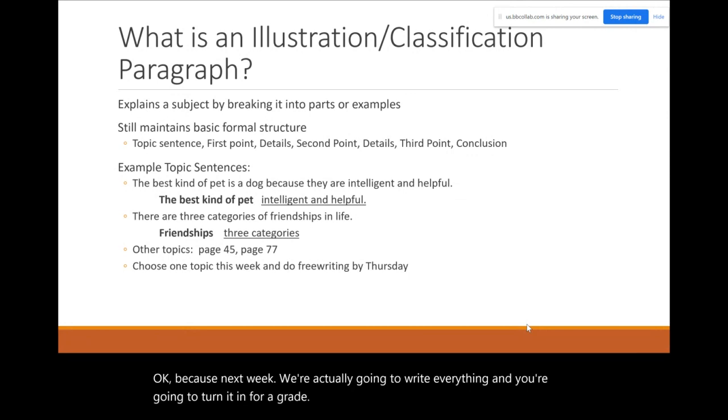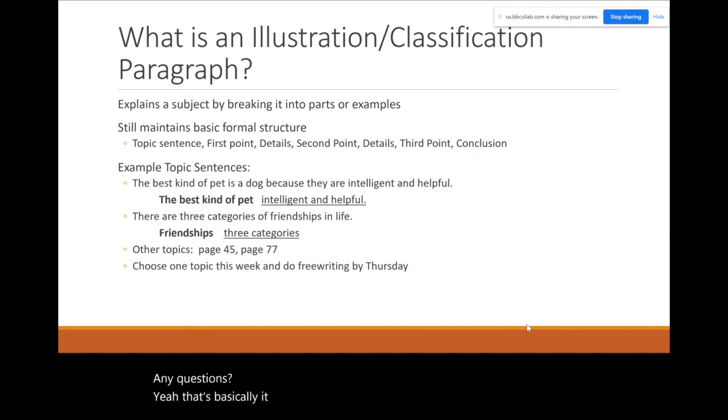Okay, who has questions so far about things I've said? So we are going to choose a topic for this week, but we are going to write about it next week. Yeah, that's basically it. This week we're preparing to do the free writing, and Thursday we're going to do a topic sentence.